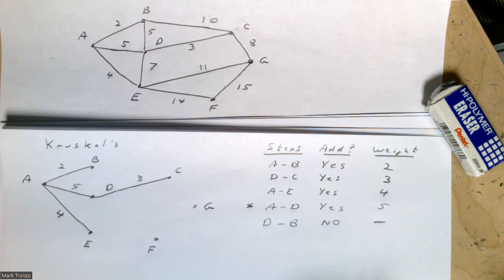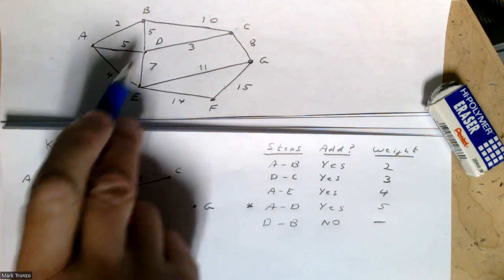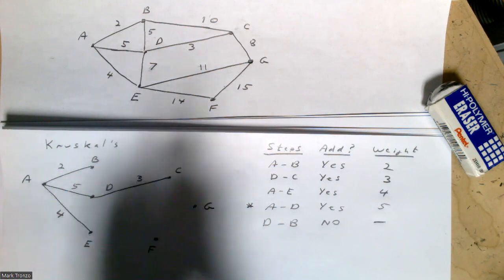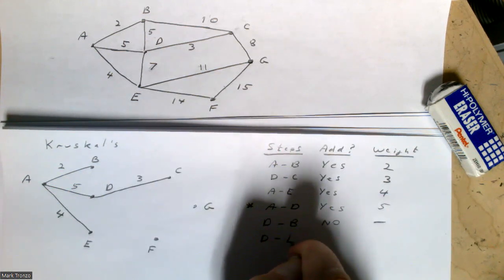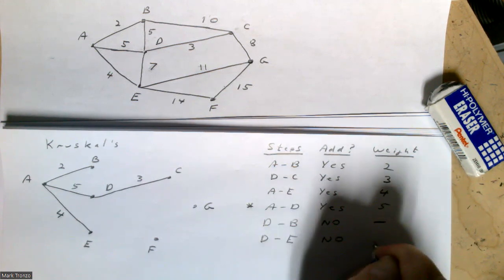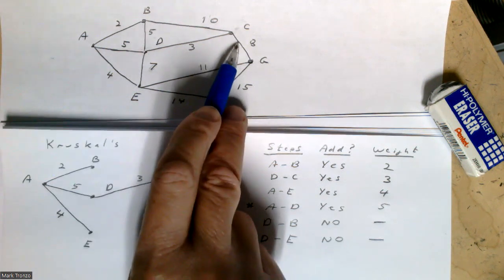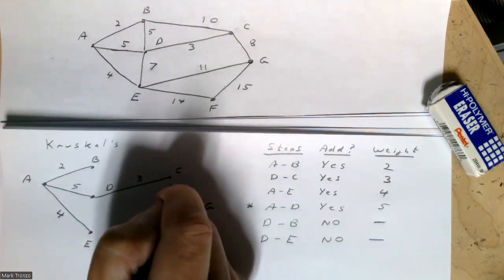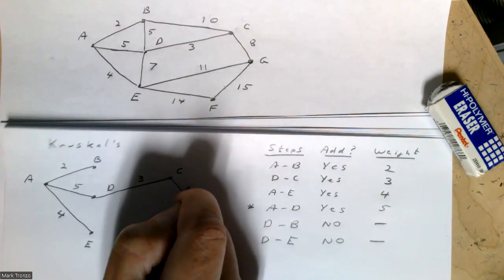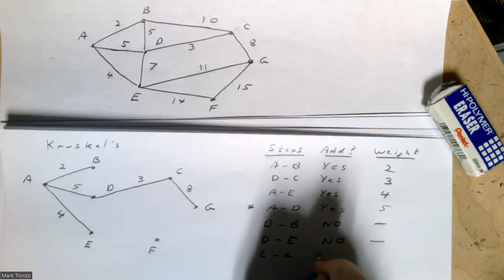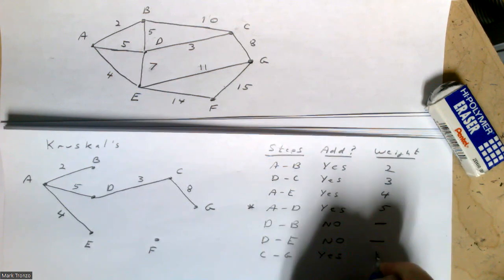So let's continue on. What's the next smallest? It looks like it's this 7. Notice we cannot add the 7. BE is no. And we can add the 8 though. Over here we can add this 8. CG. Yes.